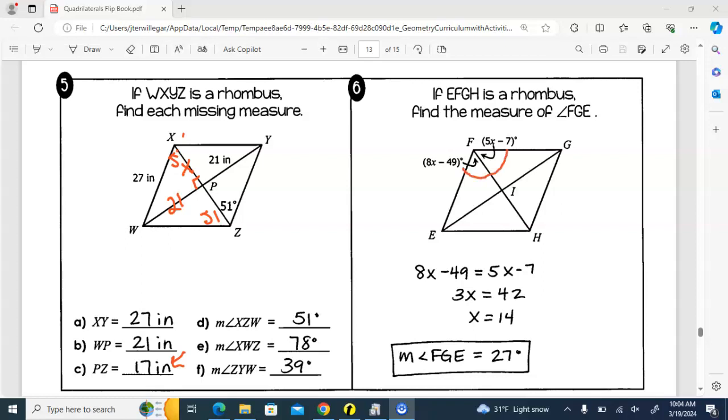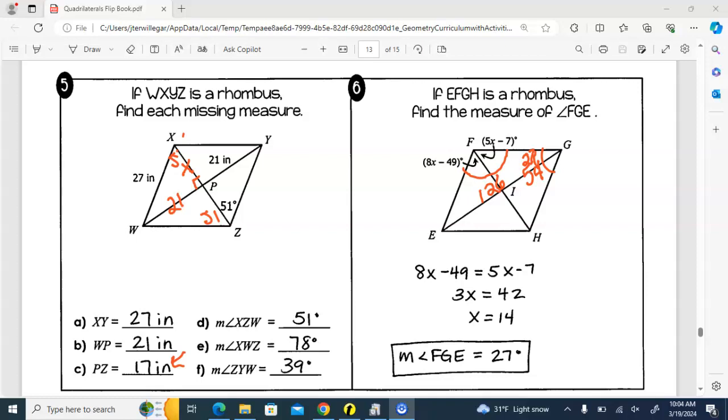If that piece is 63, then this whole thing is 126, right? So I do 180 minus 126 to get this over here is 54. And I cut that in half to get that 27. Okay?